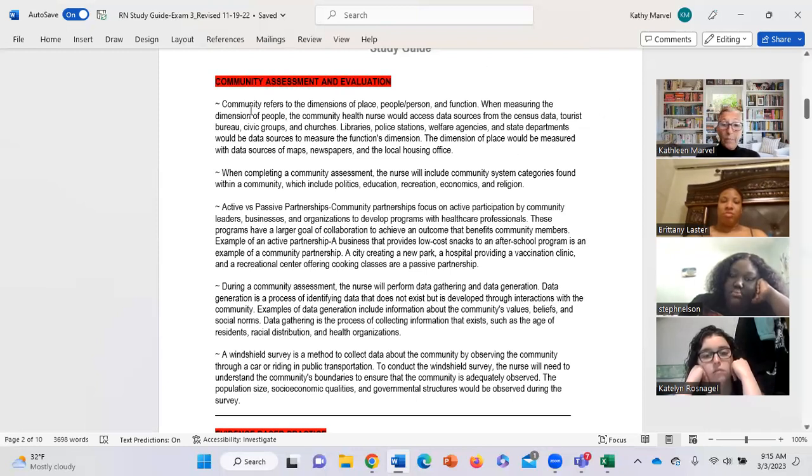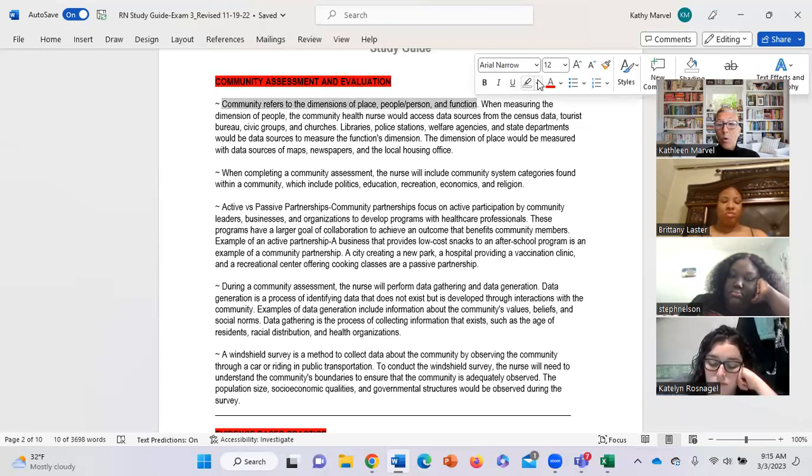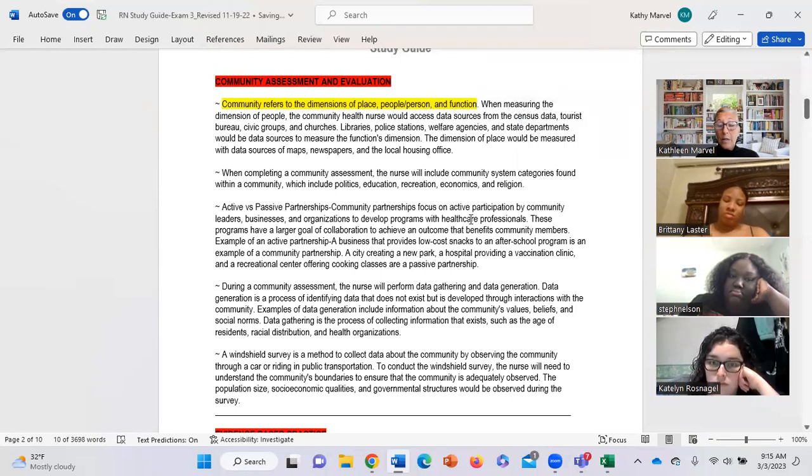So in this first bullet, we know that community refers to dimensions of place, people, and function. What does that mean? I like to highlight what I think is the important question and the important information in the question. We know that community refers to people, places, and function.